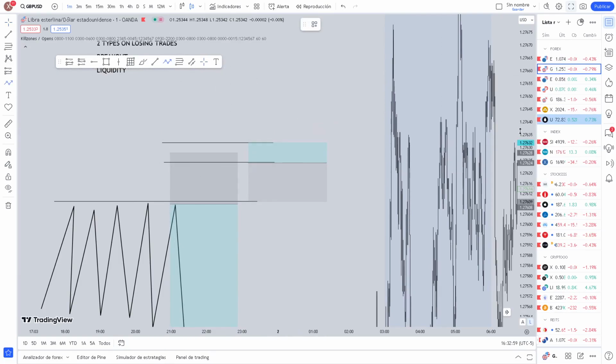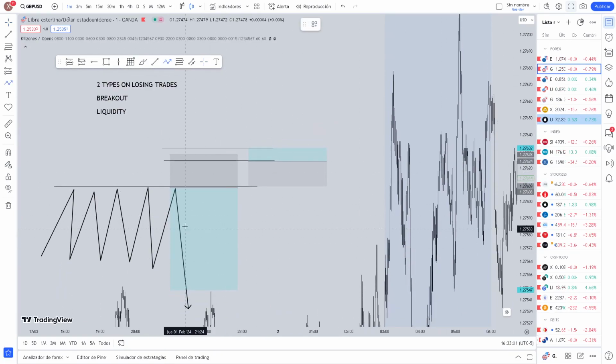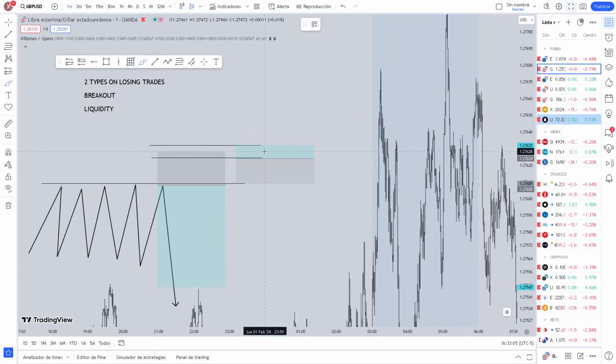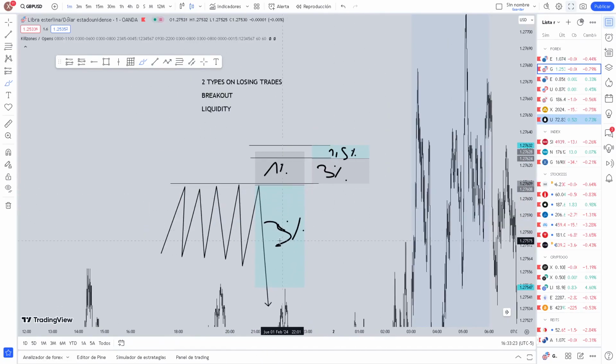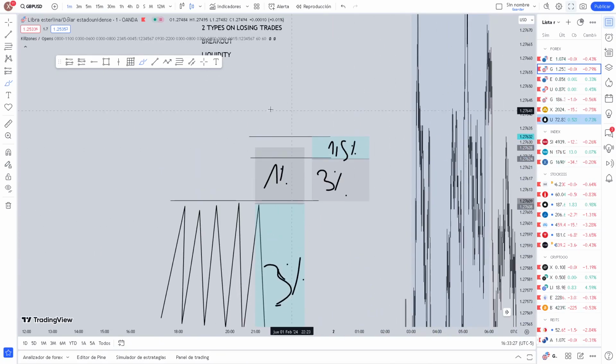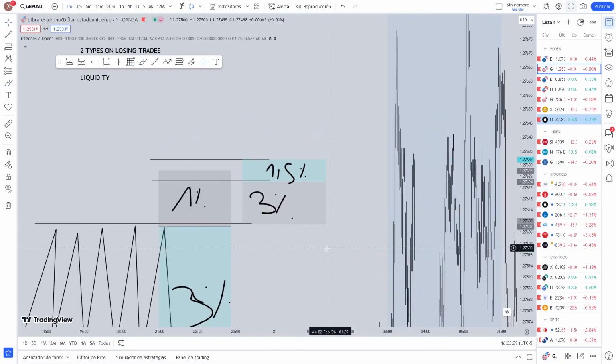So in this case, if you get the breakout, bam, stop order gets triggered. Remember, this is 3% risk, and this is 1.5% gain. This is 1% loss. This is 3% win, or whatever your risk to reward is.